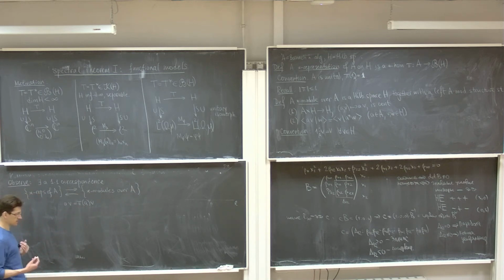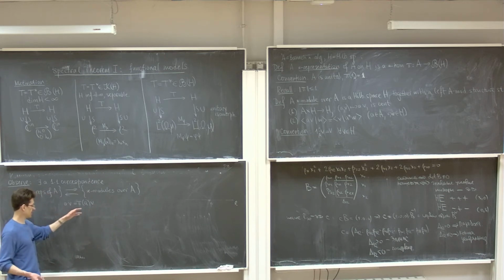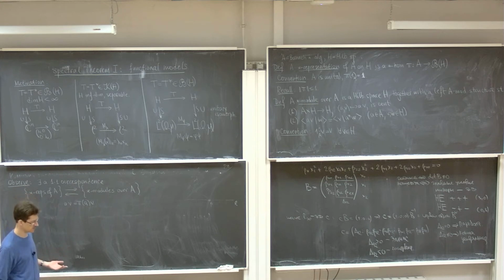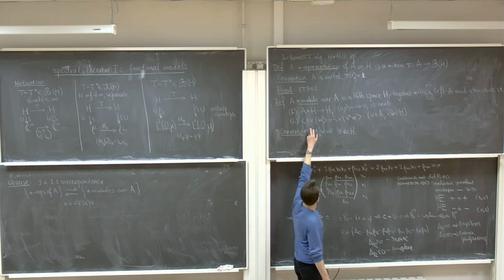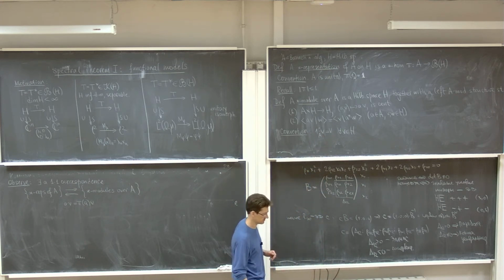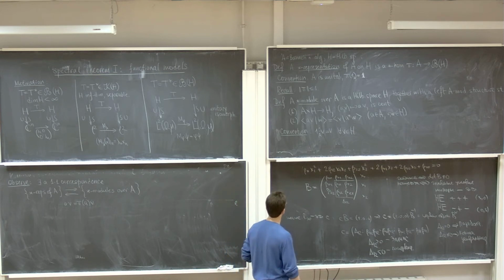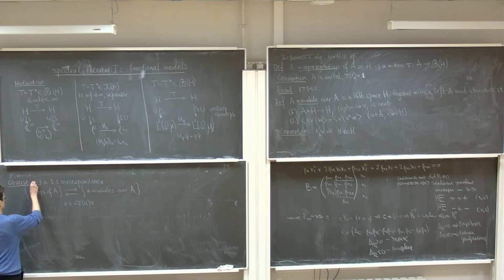And the other way around, if H is a star module over A, then we read the same formula right to left, and we see that this formula determines a star representation. In particular, condition 2 here is equivalent to the fact that pi is a star homomorphism. Not just a homomorphism, but it preserves the involution. So this is our first observation.